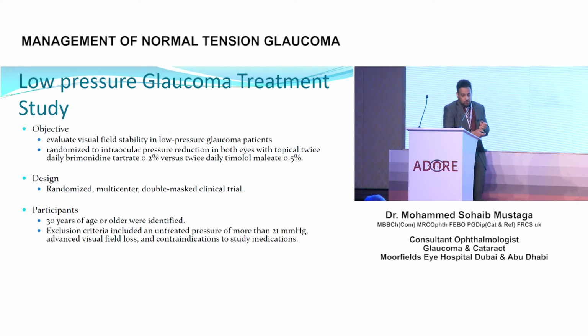The low pressure glaucoma study was done to compare whether brimonidine or timolol was better at treating these patients, because of course we know that beta blockers lower the blood pressure, especially at night. If they're getting more than 10% systolic or diastolic reduction in their normal blood pressure from their sleep, then these patients are more susceptible to damage.